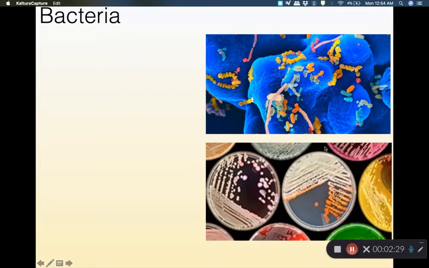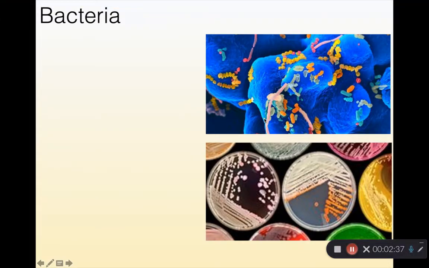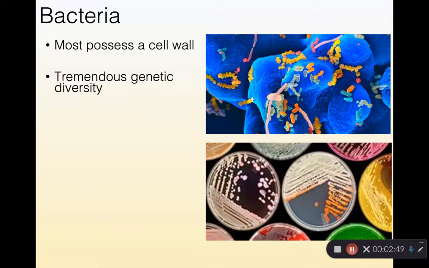First I wanted to dive into the structure of bacteria. What characteristics do all bacteria have that make them unique? The first thing is a cell wall. There are a couple of exceptions to this, but the vast majority have this cell wall, and that is very much unique to bacteria. They also have tremendous genetic diversity.